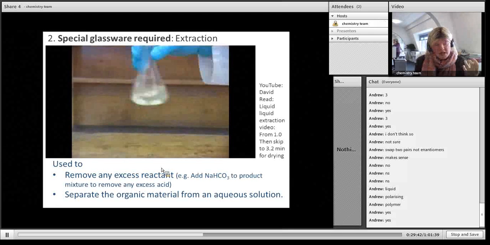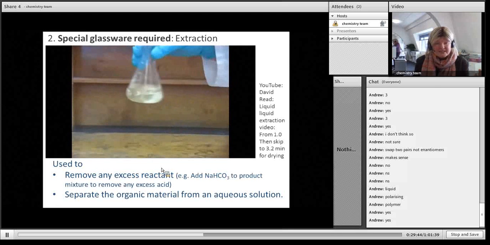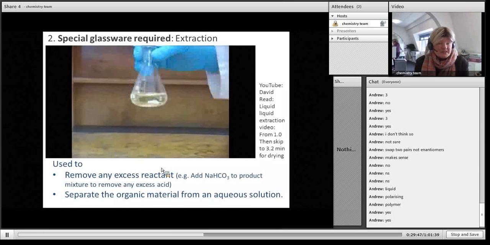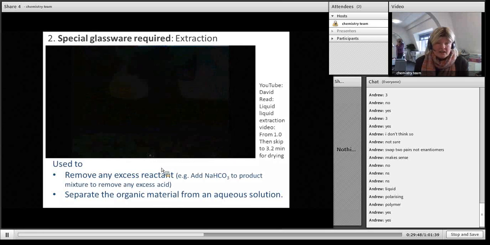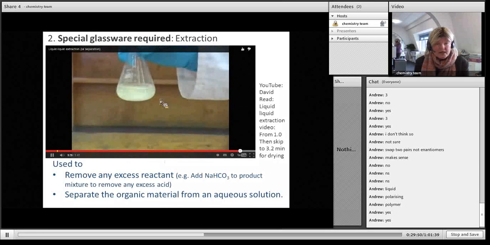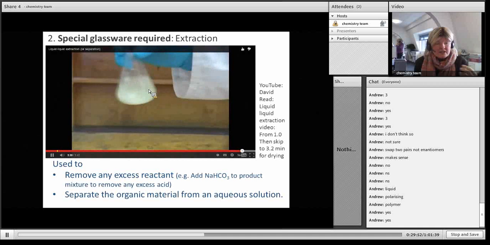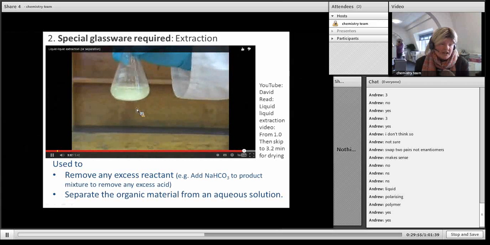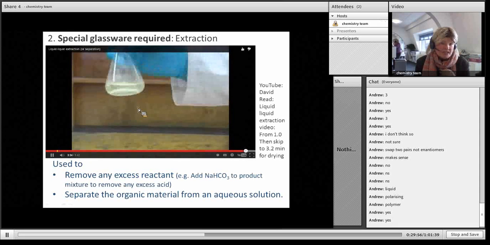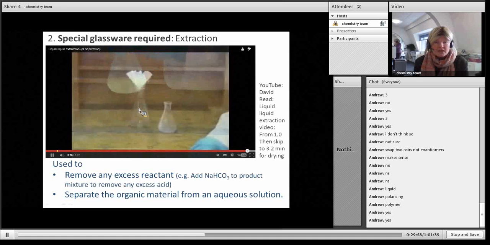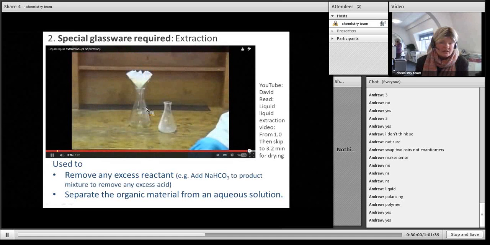So we add something like sodium sulfate, and when it's very floury, then you know it's absorbed all the water and there's no more water left. If it's clumpy, then there's more water there to absorb.